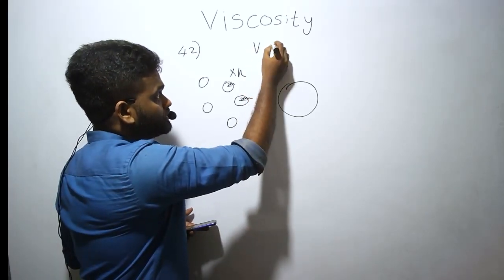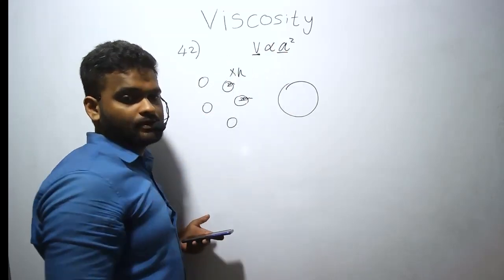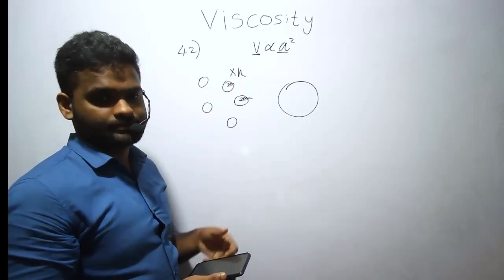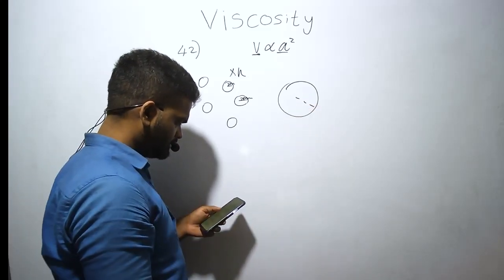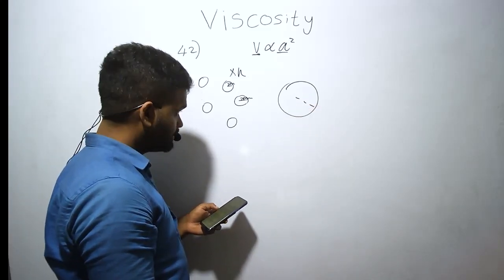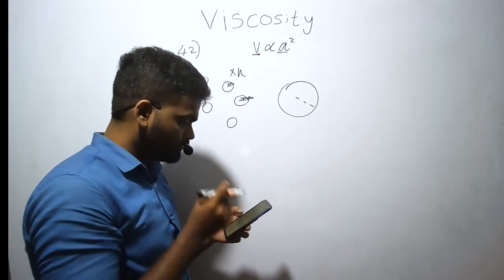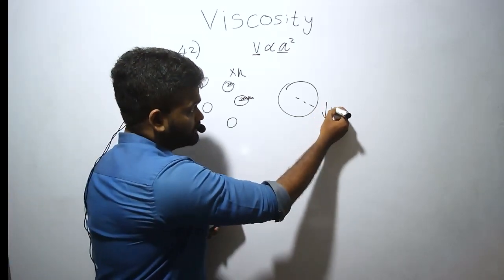You don't need all those. So you can think about V and A only. You don't need the whole equation. V and A squared. So this is 2 millimeters. What's the radius of the large one? A radius is not given.